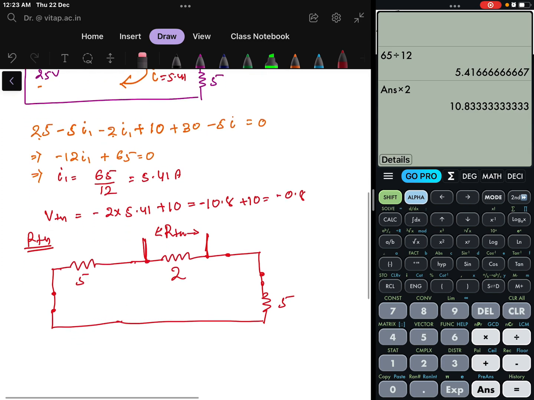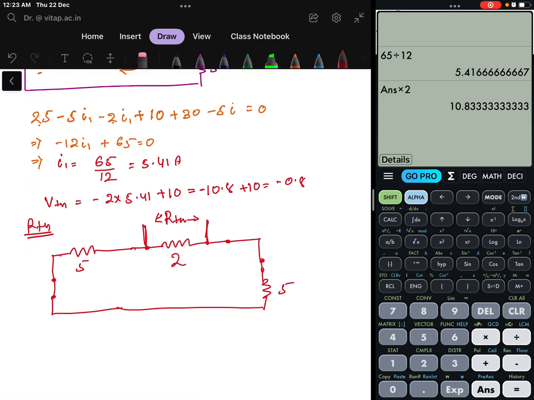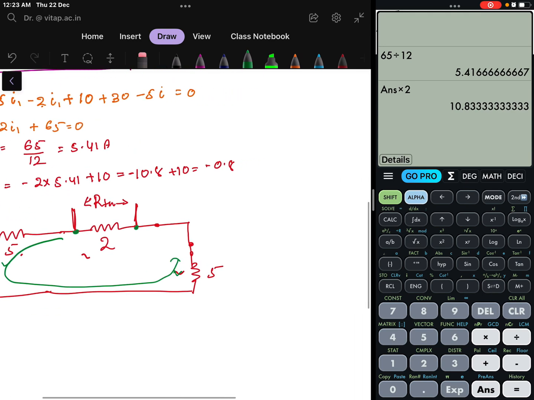Okay, so how to find that? In this circuit you can see the circuit actually looks like 5, 2 and 5, these 3 resistances are in series, but it is not the case. If you find the resistance at these 2 points, then what will happen? This 5 and this 5 will be in series, because you can see they are connected end to end. So this is in series and that will be in parallel with 2. So if I redraw the circuit, here a 2 ohm resistance is there and one resistance will be here.